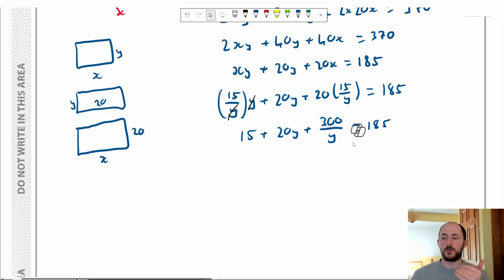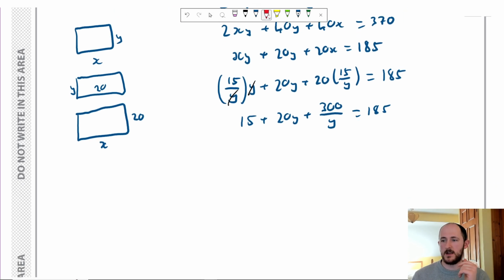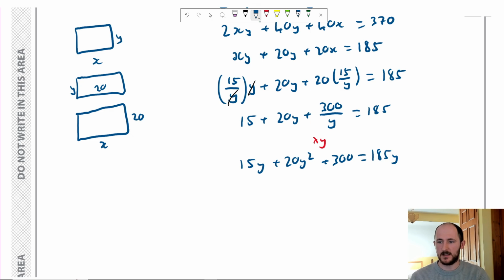This is actually a quadratic. If I times everything by y, we get 15y plus 20y squared plus 300 equals 185y. Let's move everything to the left-hand side. So we get 20y squared plus 15y minus 185y, so that'd be minus 170y.